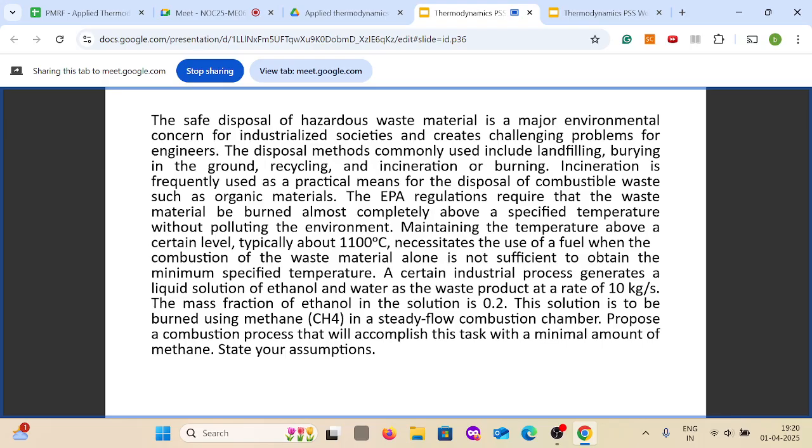The EPA regulation requires that the waste material be burnt almost completely above a specified temperature without polluting the environment. So maintaining the temperature above a certain level, typically about 1100 degrees Celsius, necessitates the use of fuel when the combustion of the waste material alone is not sufficient to obtain the minimum specified temperature.